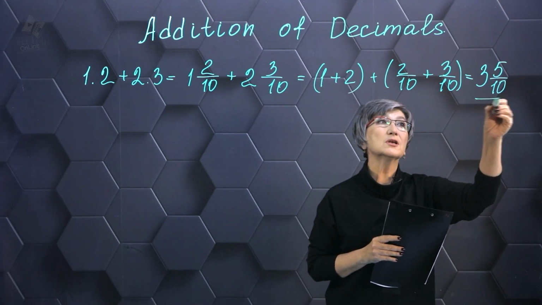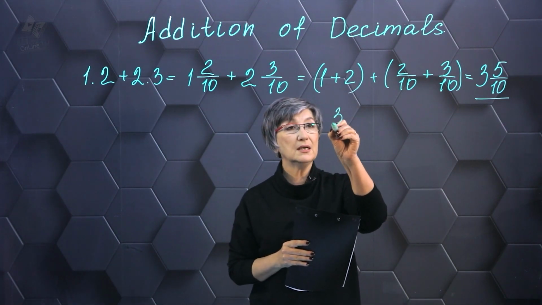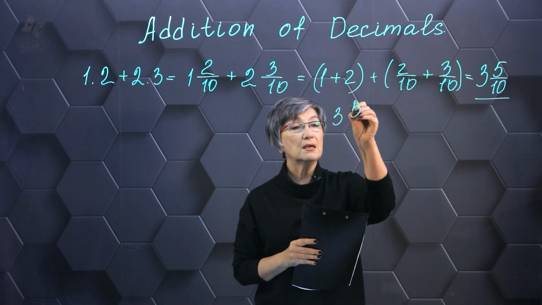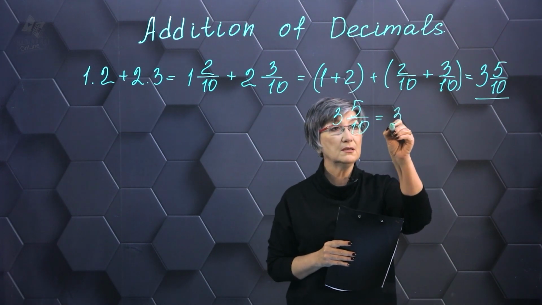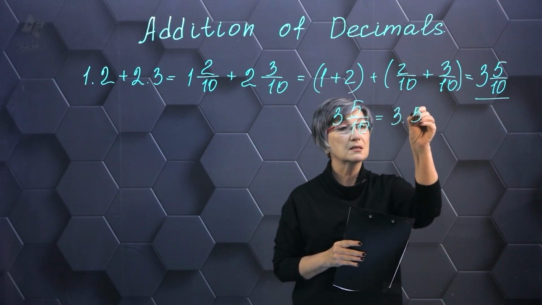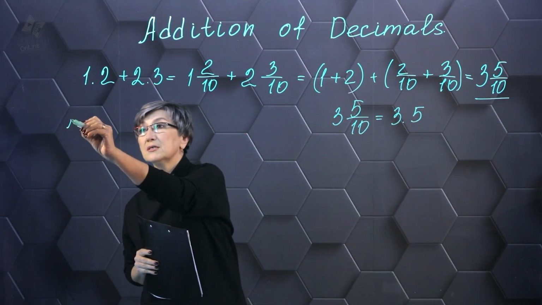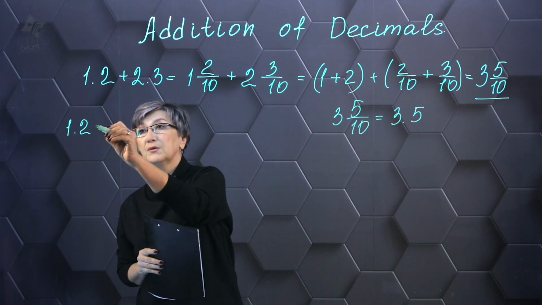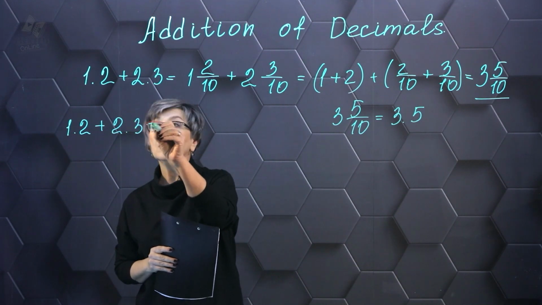The result was the number 3 whole 5 tenths. And 3 whole 5 tenths I can write down as a decimal fraction, which is 3.5. In this case, it turns out that if I add 1.2 to 2.3, I get 3.5.